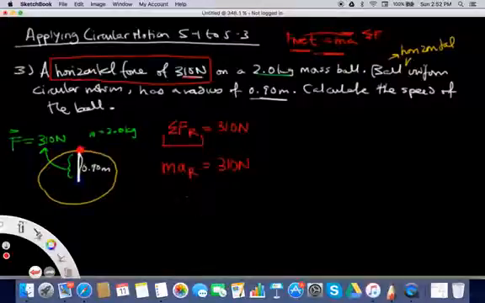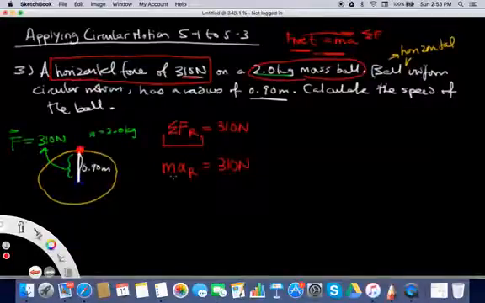So what information can we possibly plug in to this derived equation to make it easier on ourselves? Because right now we have two variables, so we can't really solve for anything. Oh, wait. They gave us the mass of the ball. It's 2.0 kilograms, and we have a mass variable here. So let's plug in that value.